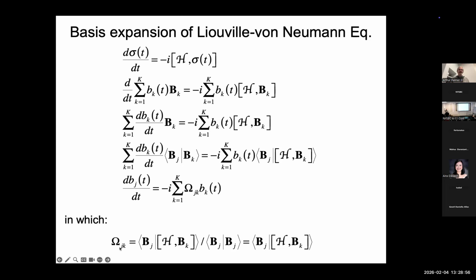If we have capital K basis operators, we're going to have capital K differential equations, and they're going to be coupled together because they're going to share frequencies and stuff. But it's just algebra at this point.